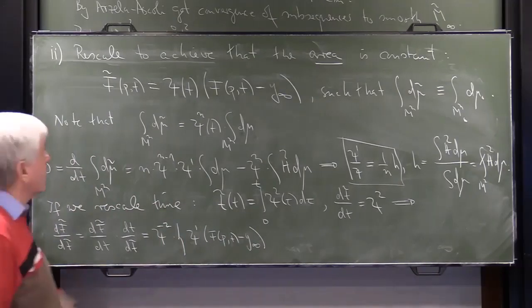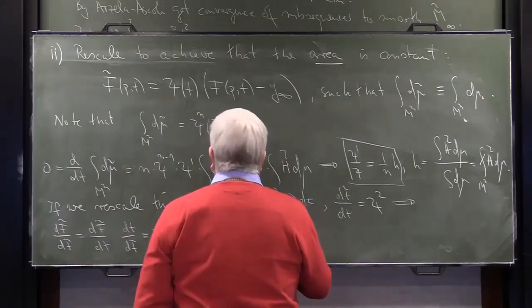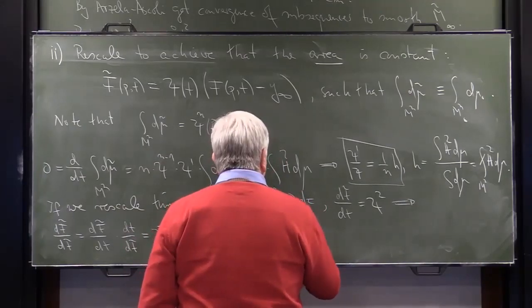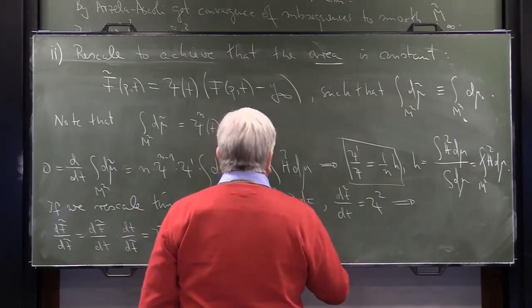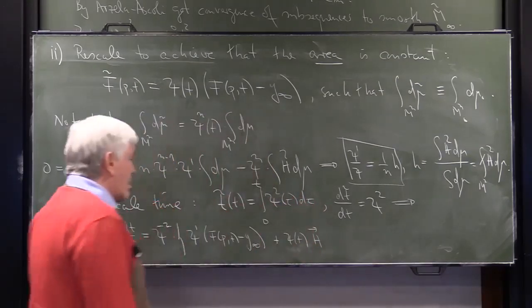And then the other term we get is plus psi of t times d/dt f, which is the mean curvature vector.